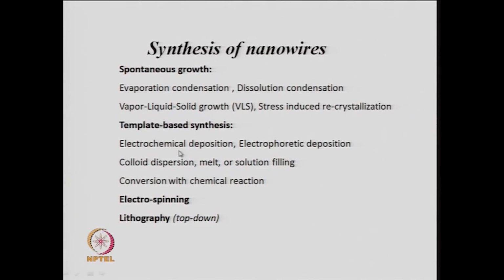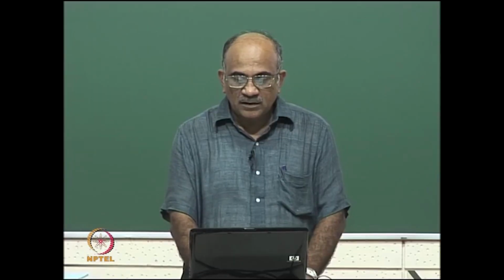Predominantly, a large amount of work is done on the synthesis of nanowires using the electro deposition or electrochemical deposition route, and typically these are metallic nanowires, while the electrophoretic deposition can be used for making metallic as well as non-metallic, like metal oxide nanowires, and this is one of the most popular techniques of making metal oxide nanowires.